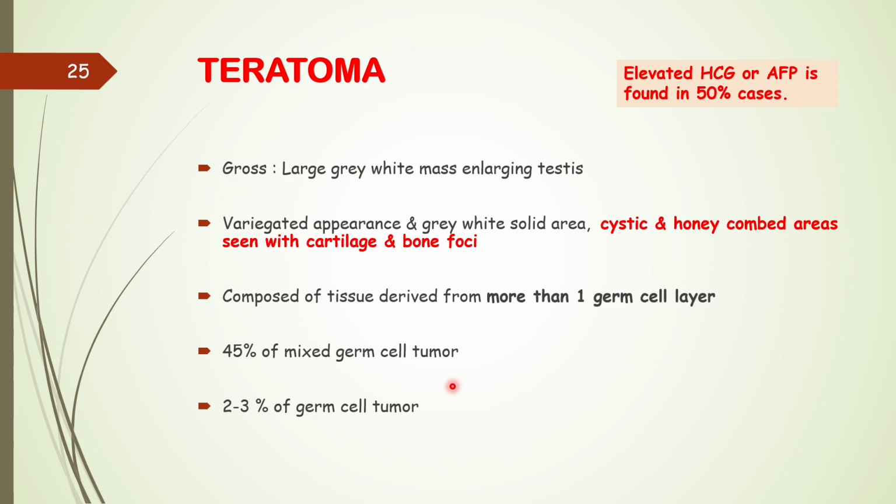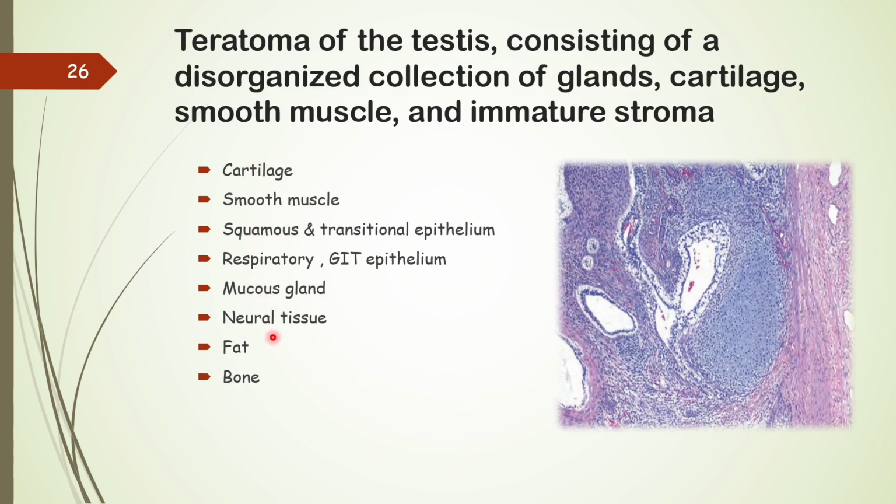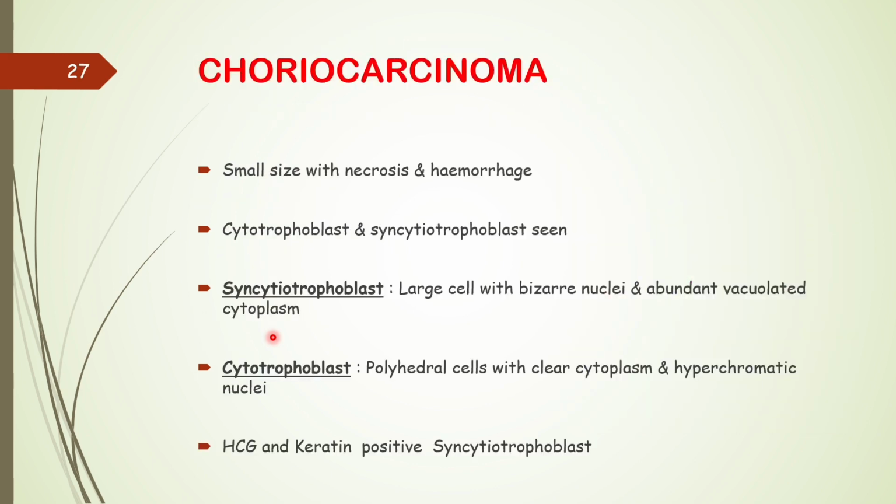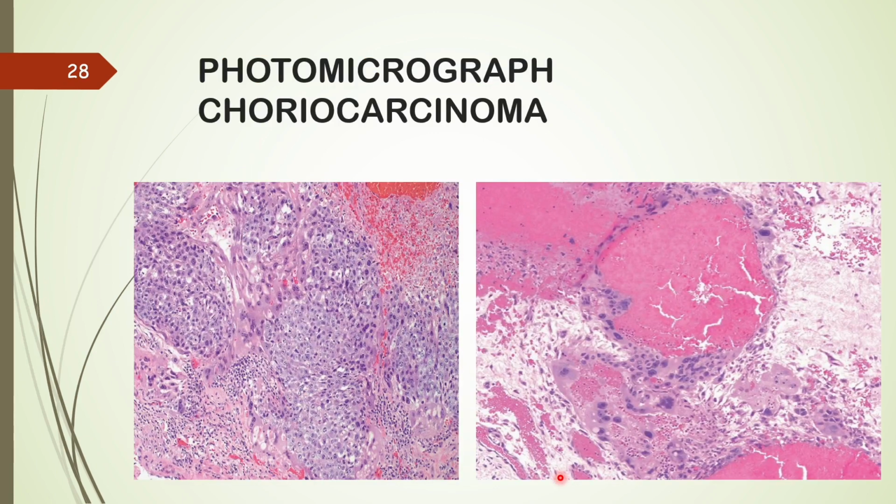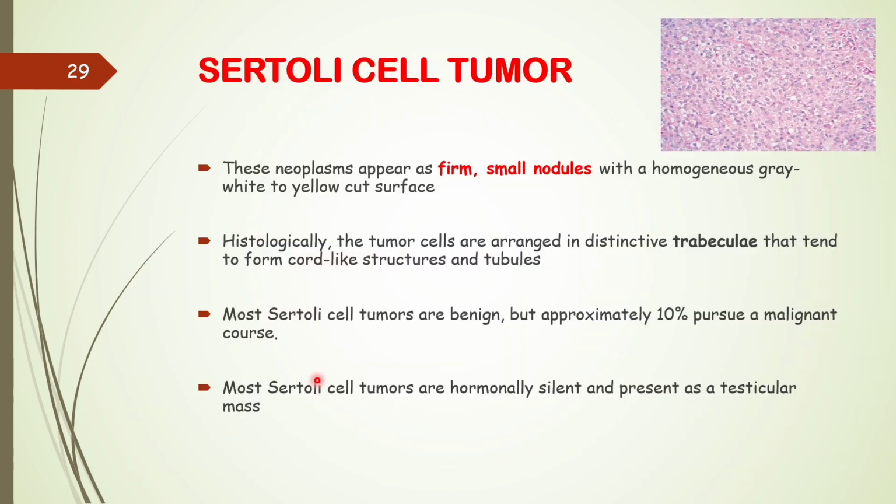Teratoma means they are arising from more than one germ cell layer, and they contain tissues like cartilage, smooth muscle, squamous epithelium, respiratory epithelium. Choriocarcinoma, and the name itself suggests it contains syncytiotrophoblast and cytotrophoblast. Syncytiotrophoblasts are large multinucleated cells, while cytotrophoblasts are small cells with clear cytoplasm and well-defined borders.